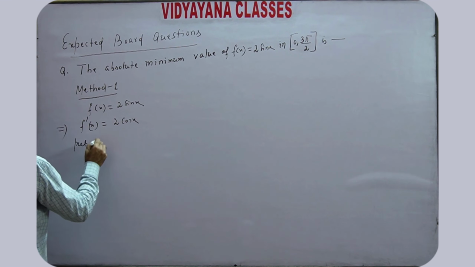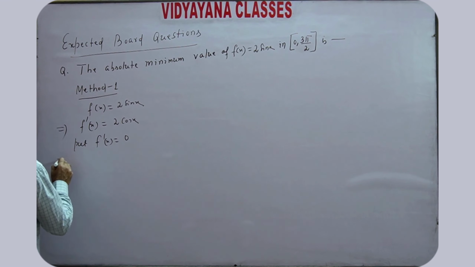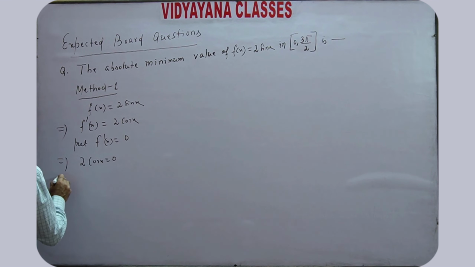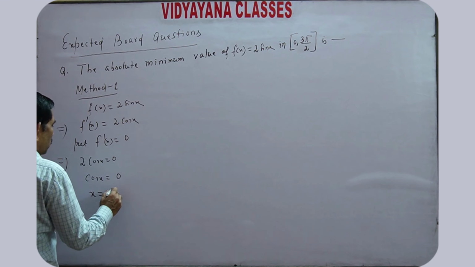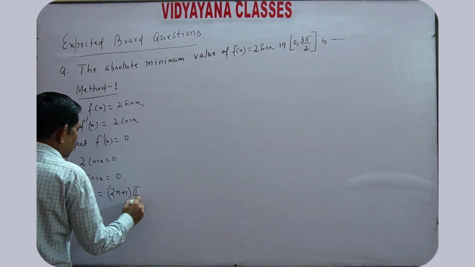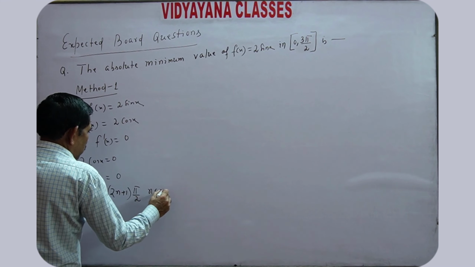Put f'(x) is equal to 0, which implies 2 cos x is equal to 0, which implies cos x is equal to 0, implies x is equal to (2n plus 1) into pi by 2, n belongs to Z set.